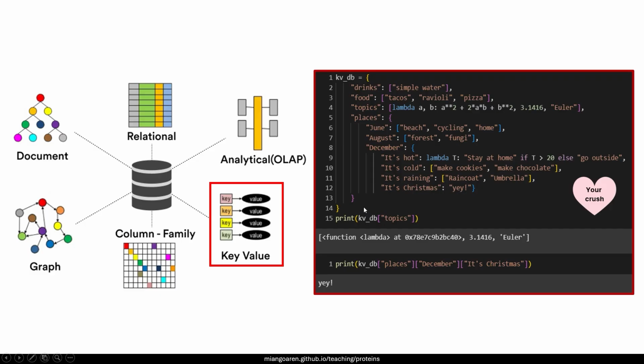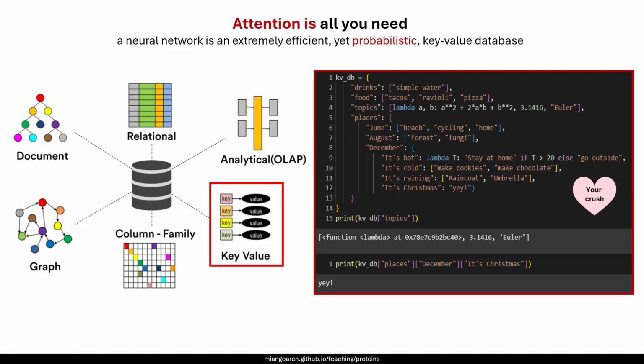So you can see that we nest the information of multiple topics with keywords that are the keys, and that all that information helps us associate it with a particular word. And this is basically how transformers work. The premise of the Attention Is All You Need article is that a transformer-type neural network is in itself an extremely efficient key-value database, due to the entire concept it learns, but it is still probabilistic.